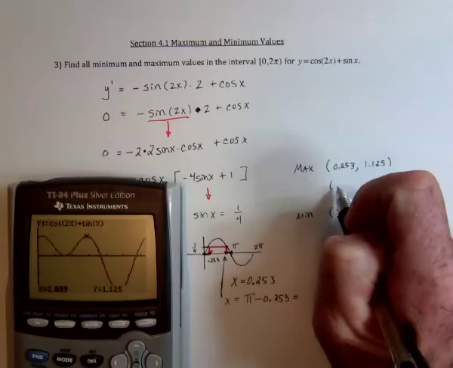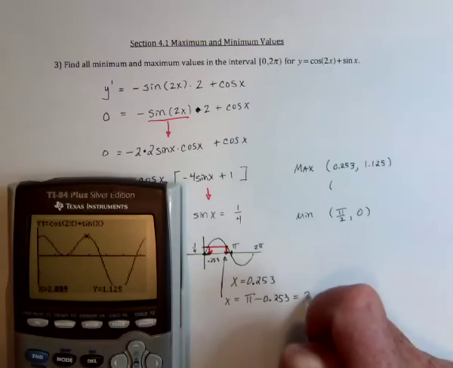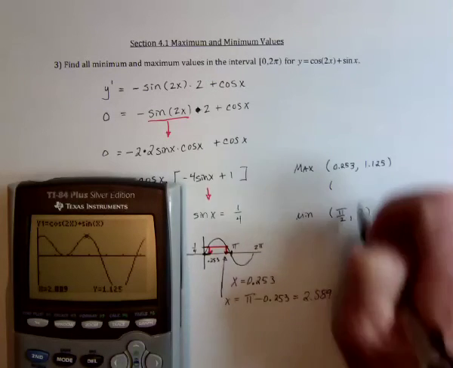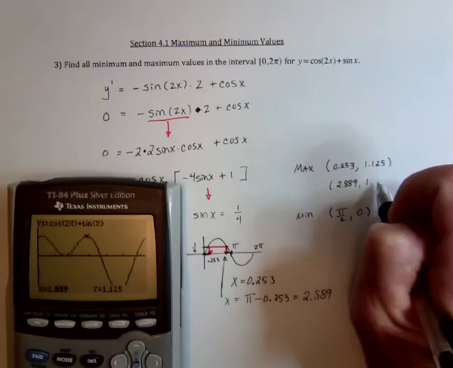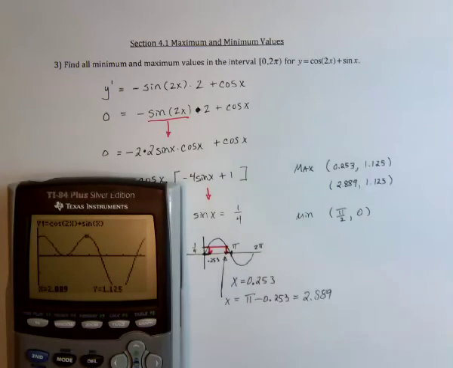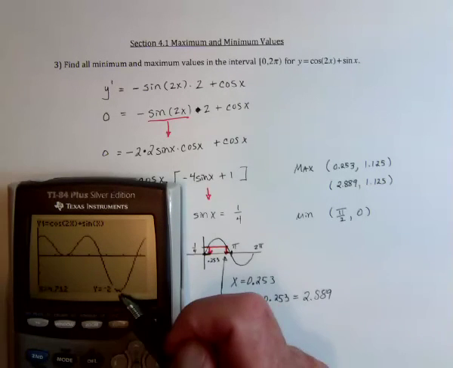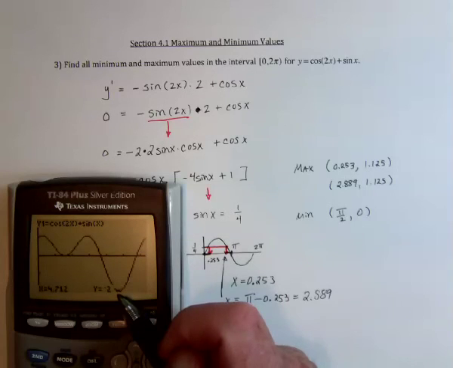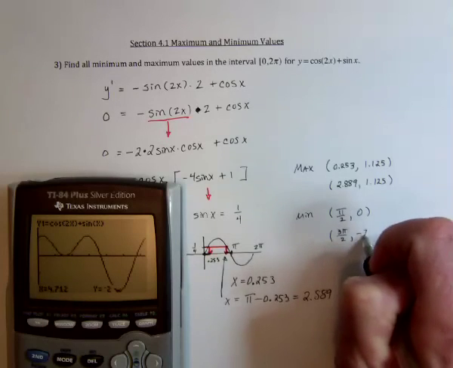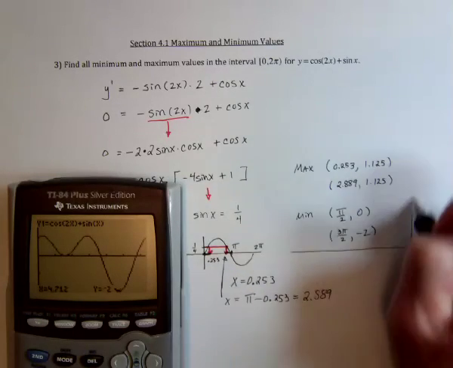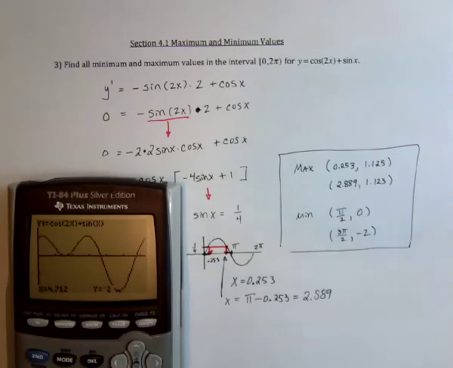So we also have when x equals 2.889, and y is equal to 1.125. That's also a max. And then finally, this one down here, which should be that 3 pi divided by 2. Yes, I don't know if you can see, but it's down there blinking at the minimum. So at 3 pi divided by 2 and negative 2, there are the minimums and maximums.